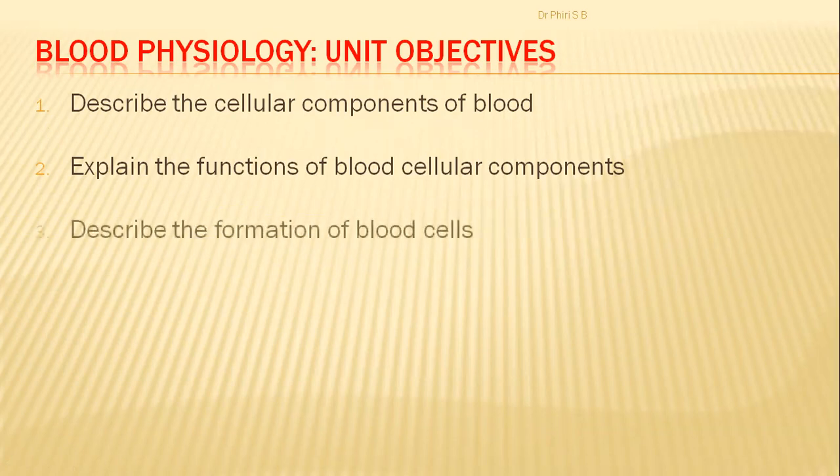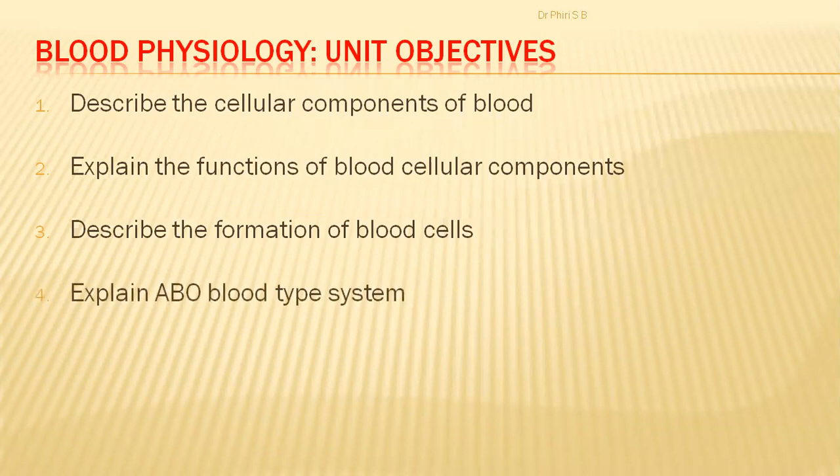Then you should be able to describe the formation of blood cells. Then you should be able to explain the ABO blood type system. There are a lot of blood type systems out there, but the major one that we're interested in is the ABO blood type system.